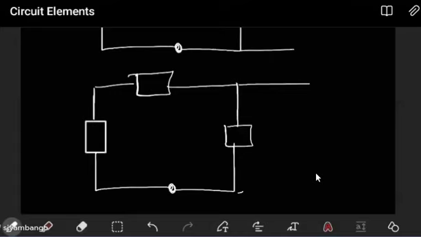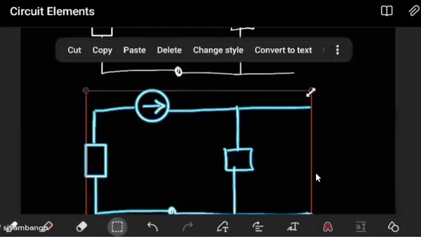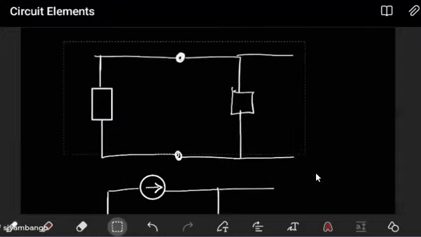Now, perhaps because these two are in series, you might want to say that they can just be added. So let me just confuse it by making this a current source. Okay, like this. And let's bring this.